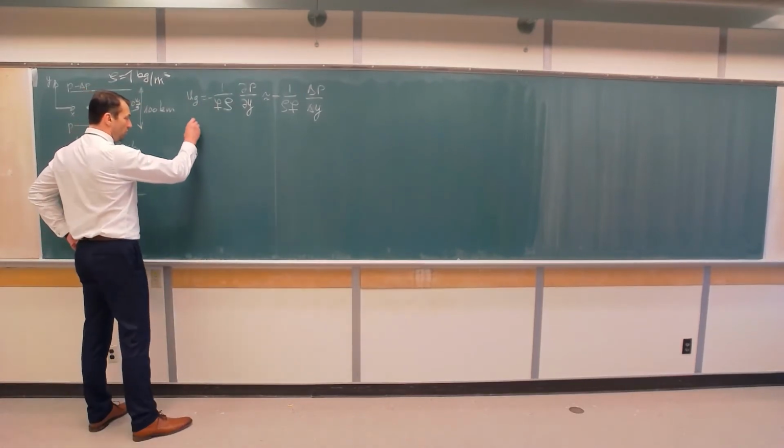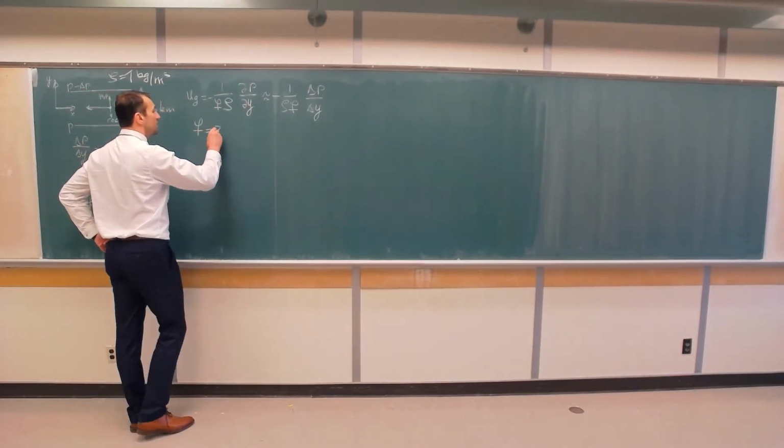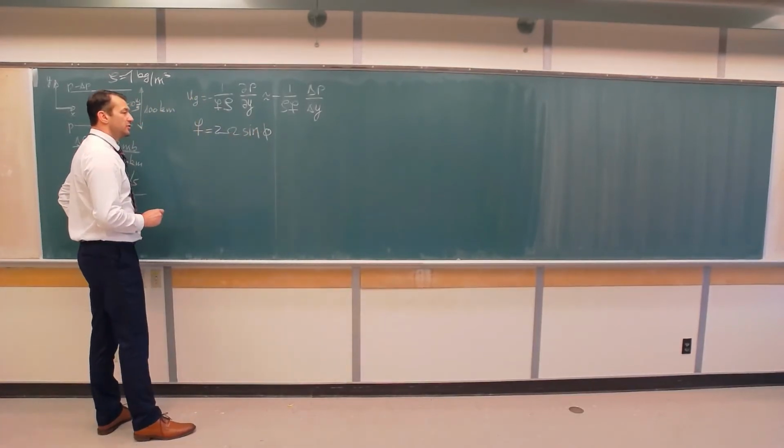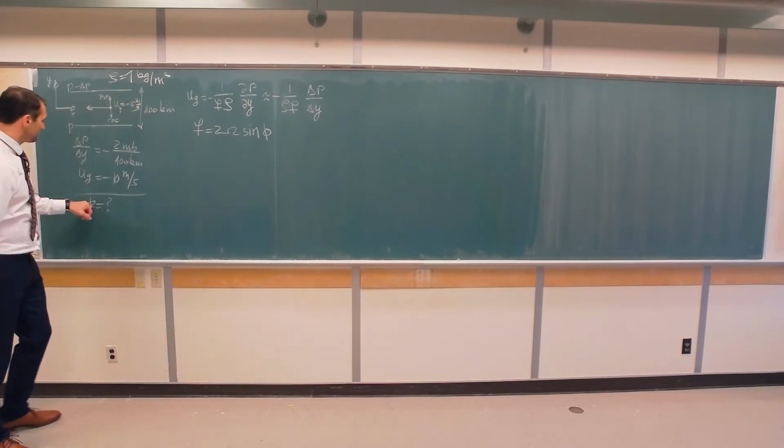So we know that F, the Coriolis parameter, is 2 omega sine phi, where omega is the angular velocity of the Earth and phi is the latitude that we need to find.